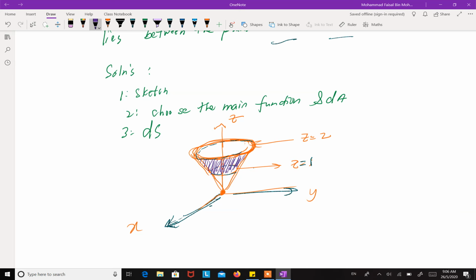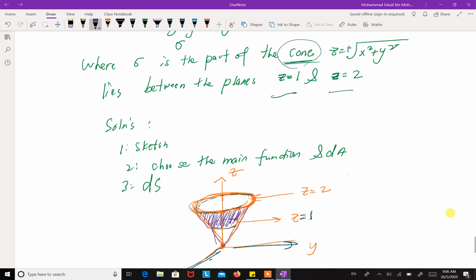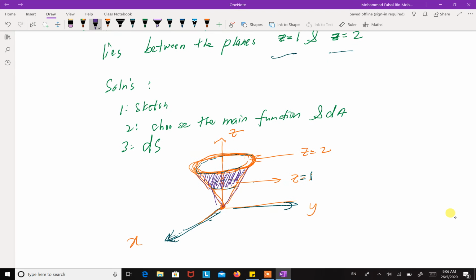Okay, don't be confused, we don't want the volume of the cone or the part of the cone that lies between z equals 1 and 2, but we want the surface. So the shadow of this surface will be at the xy plane.